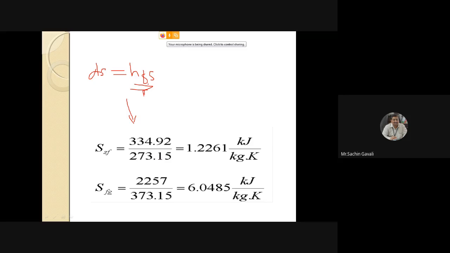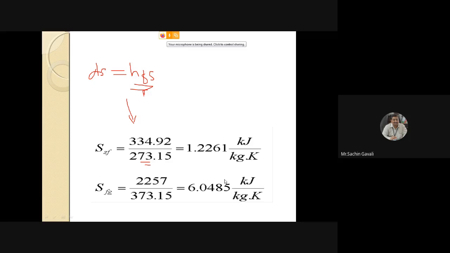Temperature is in Kelvin: 0 degree Celsius means 273.15 Kelvin. As mass is equal to 1, the unit is kilojoule per kg Kelvin, per unit mass. If the mass is more than 1 kg, it will be different. Your answer is correct, Shubham. So it is 1.226 kilojoule per kg Kelvin.